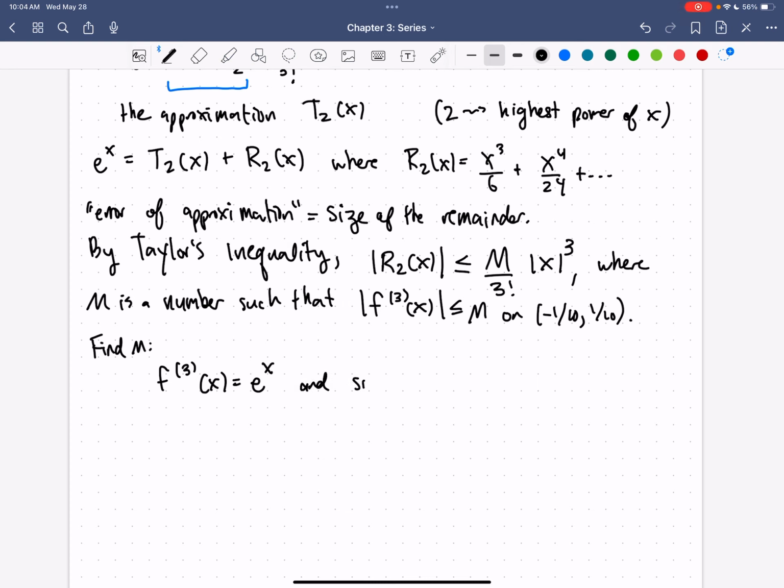And since we're specifically looking at when absolute value of x is less than 1/10, we can say that e to the x will be less than e to the 1/10. So we can choose M to be e to the 1/10.